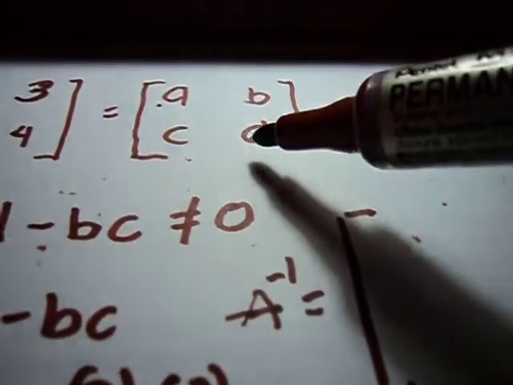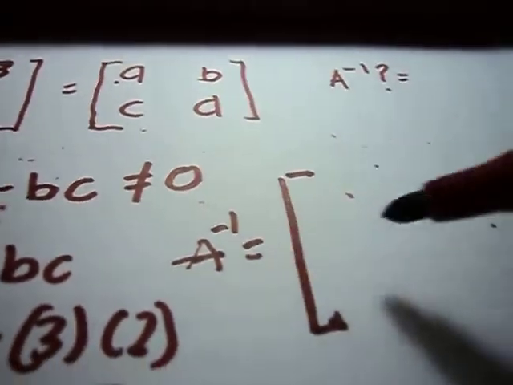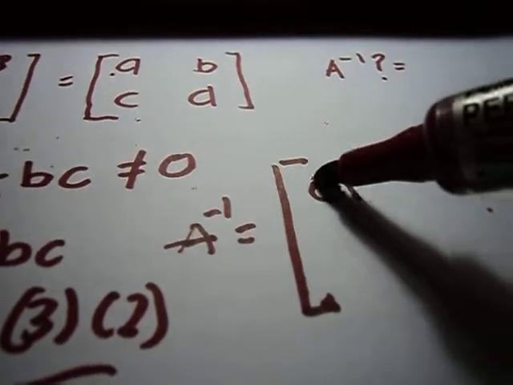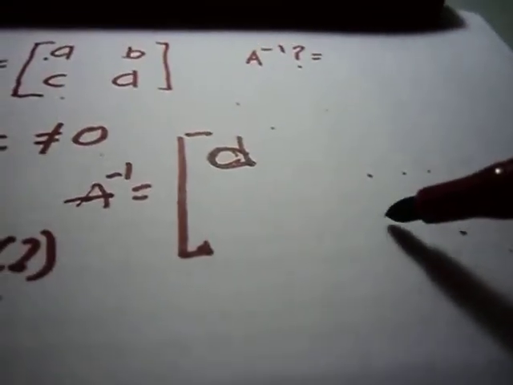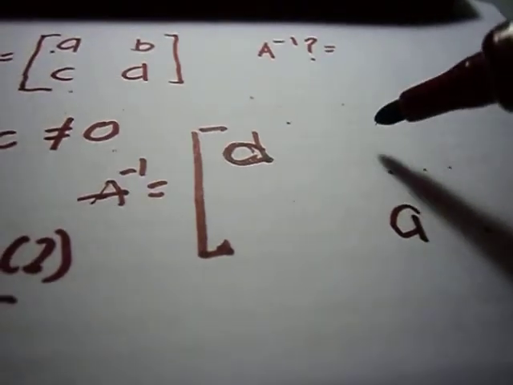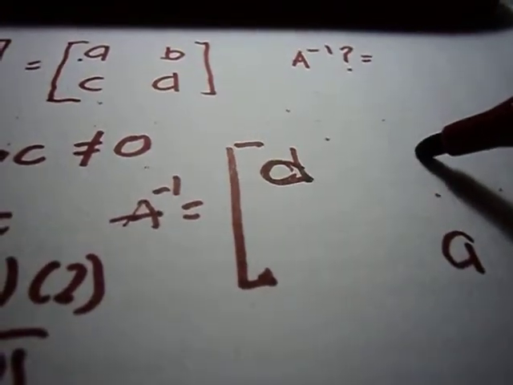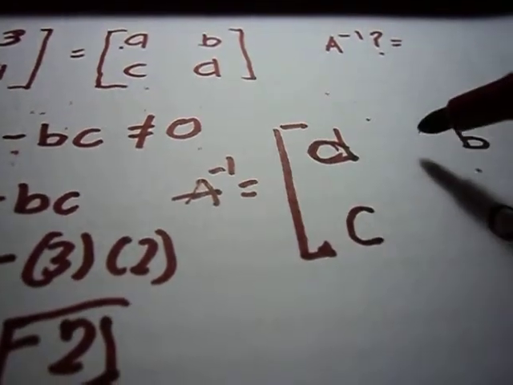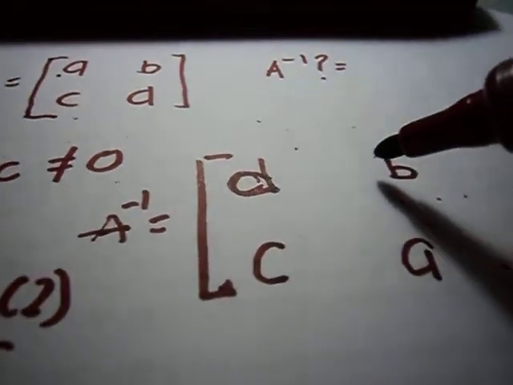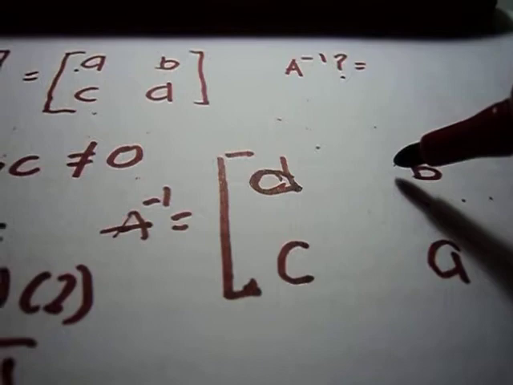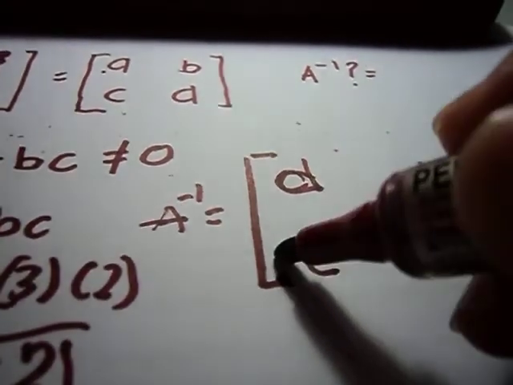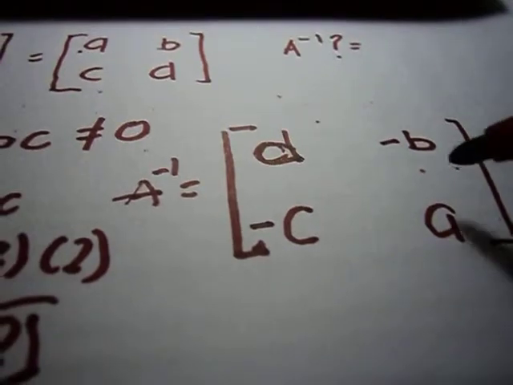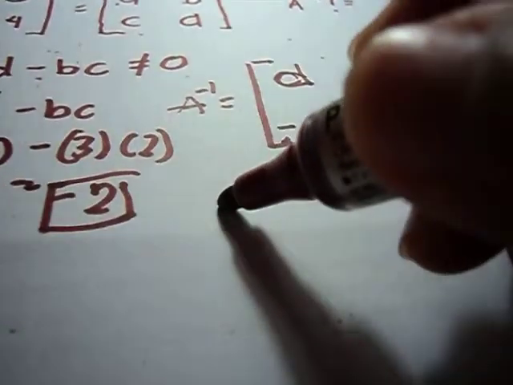Notice that the A and D would be flipped. So this is now the D and this is the A. And here we would retain the position of B and C. But we should take note that this is negative and this is negative. So that's the inverse now.